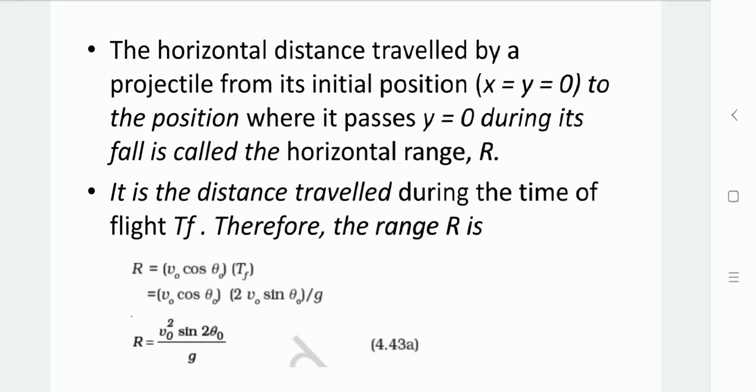By solving these equations, we have the horizontal range R equals V0 square sin 2 theta 0 by g, where sin 2 theta 0 equals 2 cos theta 0 sin theta 0. By that trigonometric identity, we get this particular equation.